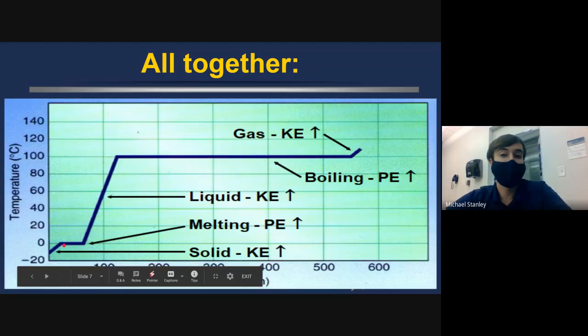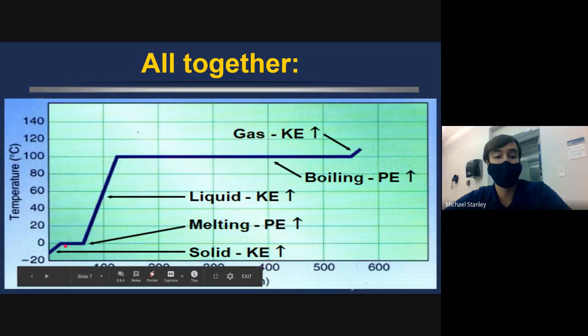Finally, that ice hits its melting point, which for water is 0 degrees Celsius. So now we start off with our solid ice, but when we hit that melting point, we start to melt and turn into a liquid. But while we're melting, our temperature stops going up.